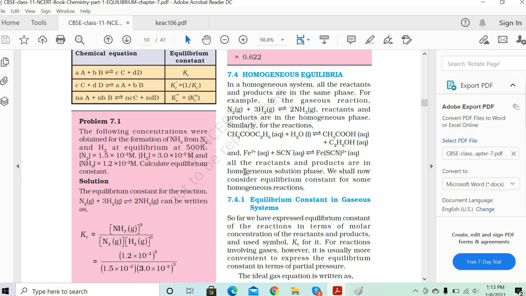First is nitrogen plus hydrogen gives ammonia. Second is ethyl acetate reacts with water, in aqueous state. When you do the hydrolysis of CH3COOC2H5, it gives you ethanoic acid plus ethanol.